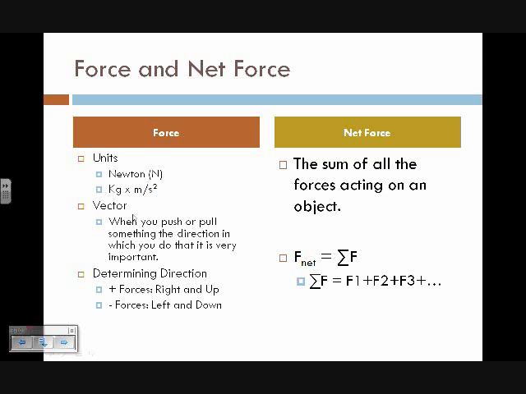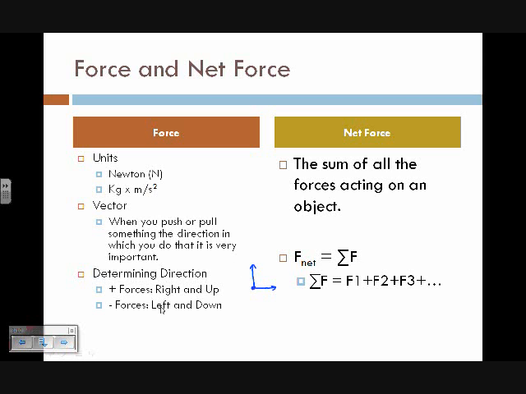The other thing about force is that it is a vector quantity, so whenever we put a positive or negative value in front of the force value, or the magnitude, the number, we're telling the direction of that force. I've written down the general directions that are a rule of thumb whenever you see a force value. Positive forces are generally forces that go to the right or that go up. So if we have some object, I'm going to draw an object here, a positive force would be one that either went to the right or one that went up.